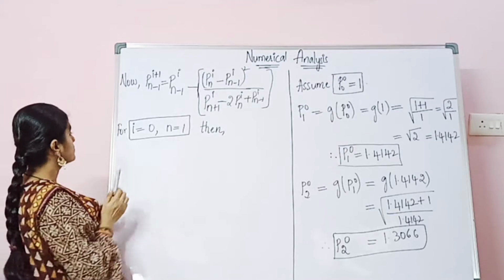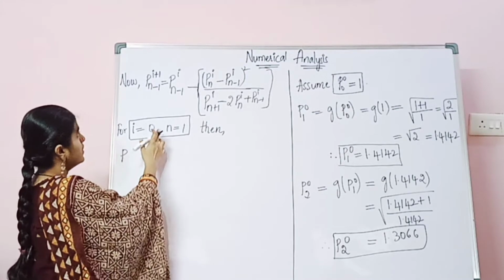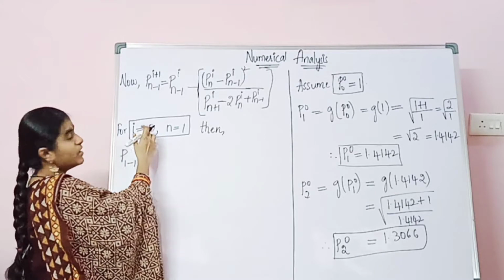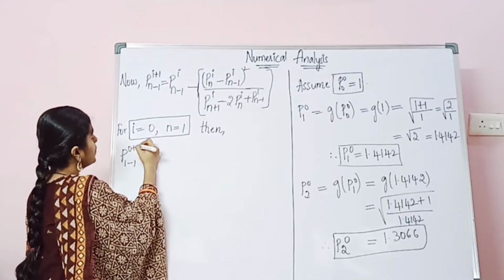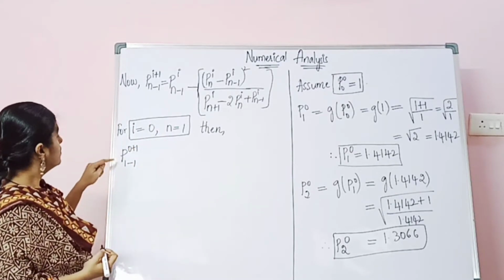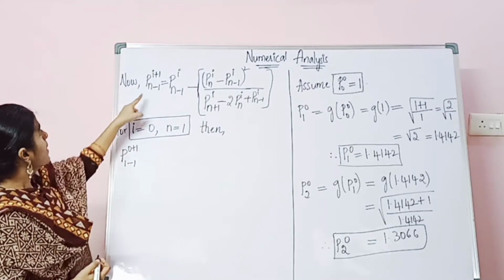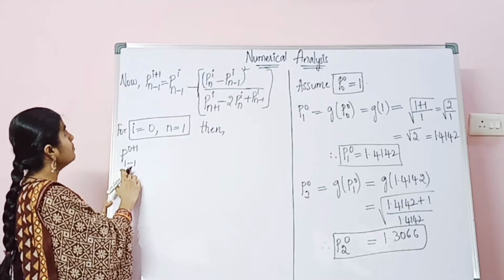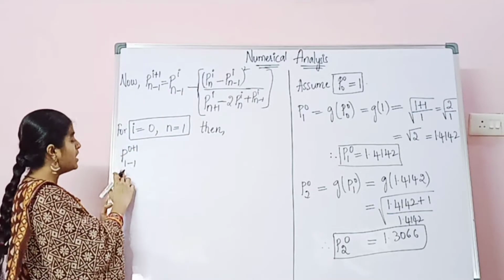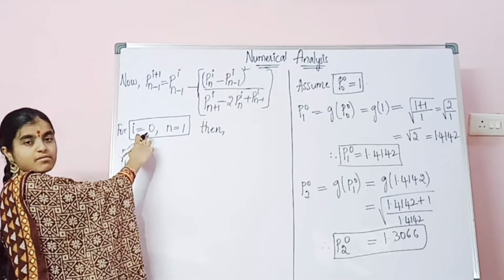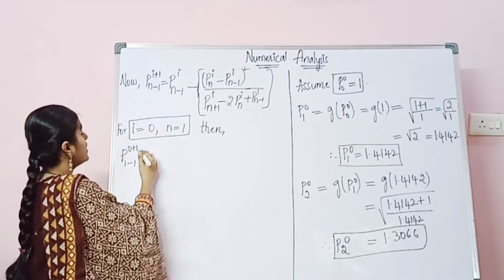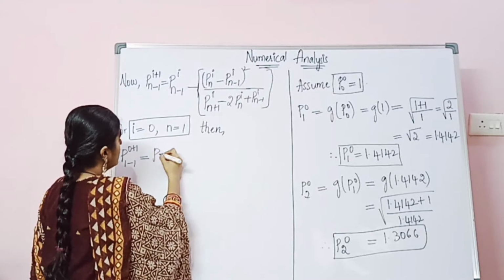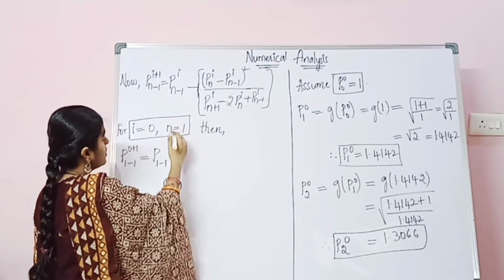Then n equals to what here? 1. 1 minus 1. What is I? 0. 0 plus 1. Pn minus 1 power I plus 1. So here n means 1. 1 minus 1 as it is. I means 0. 0 plus 1 as it is. Which is equals to Pn minus 1, 1 minus 1.